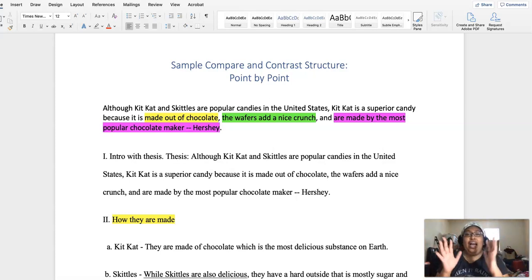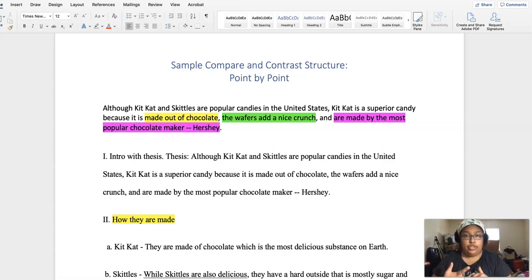Okay, so from there, we have a choice whether we want to do a point by point or one side at a time type of structure. We learned about those three structures in the first video, which was the actual lesson: the point by point, one side at a time, and the combo.